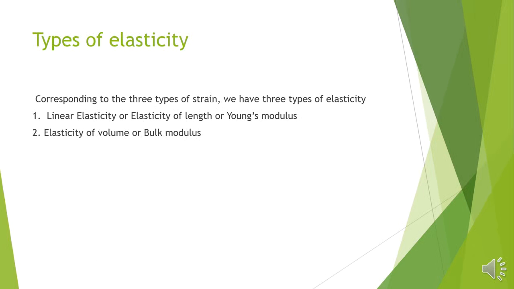Second one is bulk modulus, also known as elasticity of volume. Third one is modulus of rigidity or simply rigidity modulus. Thus, three types of elasticity. Remember, Young's modulus, bulk modulus and rigidity modulus.